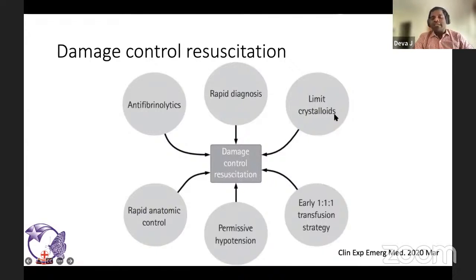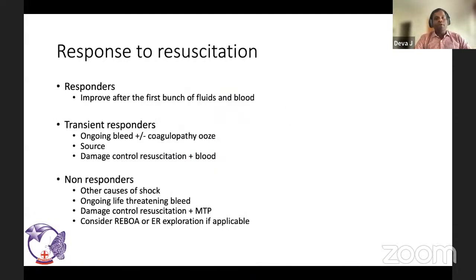Give the crystalloids initially, but limit the crystalloids. Administer blood products early in a 1-to-1-to-1 fashion, and allow permissive hypotension. And that is what is called damage control resuscitation. If you follow all 6 arms of damage control resuscitation, your outcomes will certainly be better.